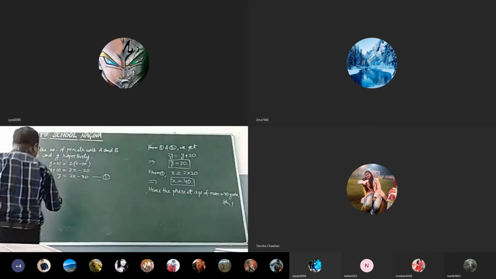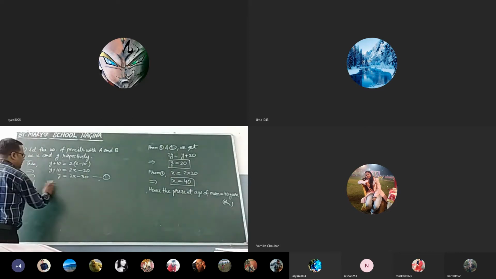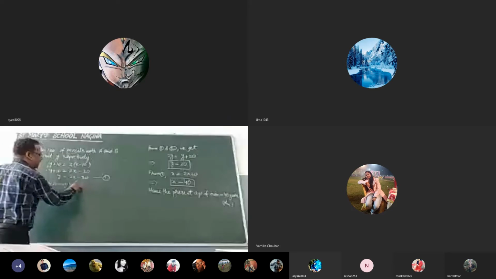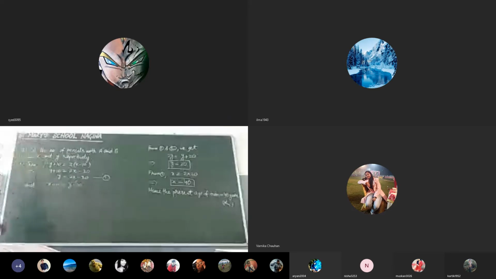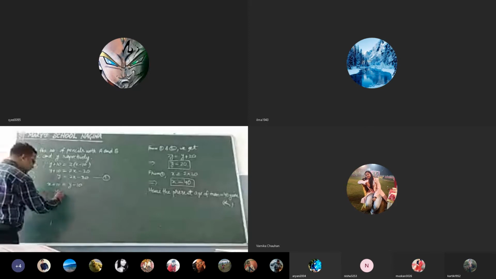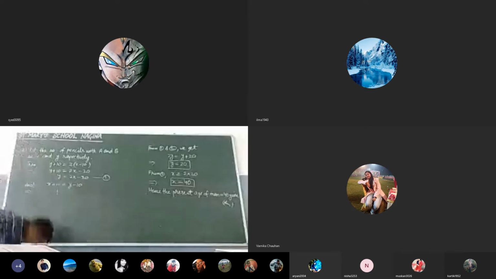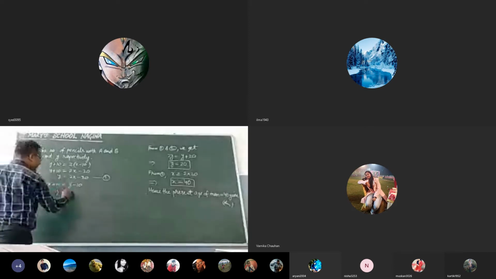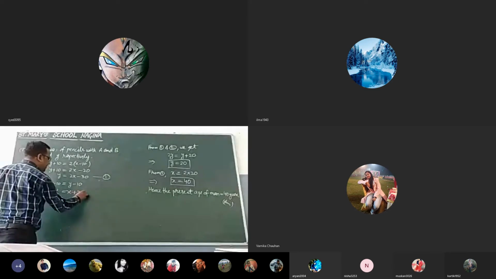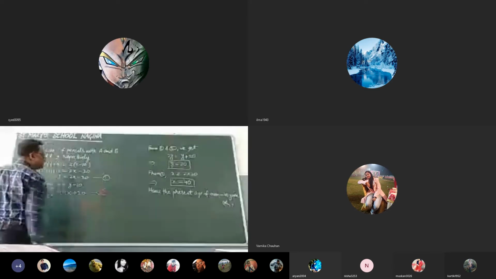Means X plus 10 equals Y minus 10. They have equal pencils. So Y equals X plus 20. It is the second equation.